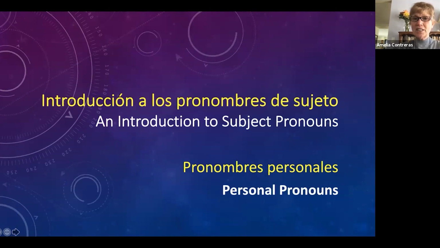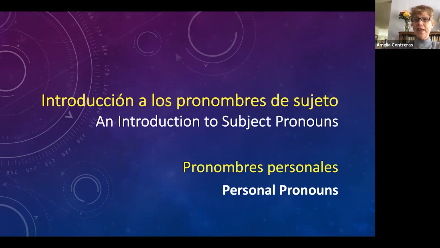An introduction to subject pronouns. The subject pronouns we're going to look at are a group called personal pronouns. By the way, there are different types of pronouns. So this is a narrow look at personal pronouns among a larger group.